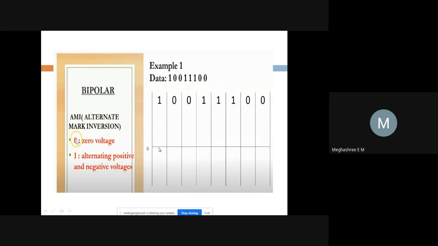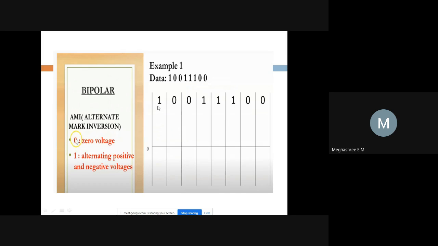As you know, it will be marked at the reference level itself. Next, if the given data bit is 1, then you need to draw the signal alternating positive and negative voltage. So this will be the positive side and this will be the negative side.